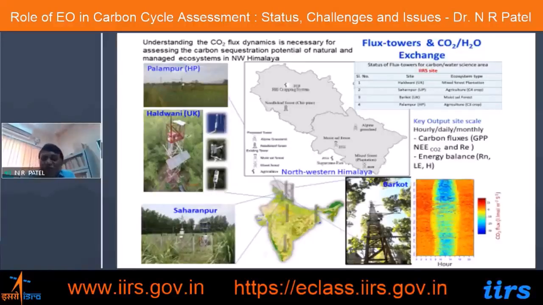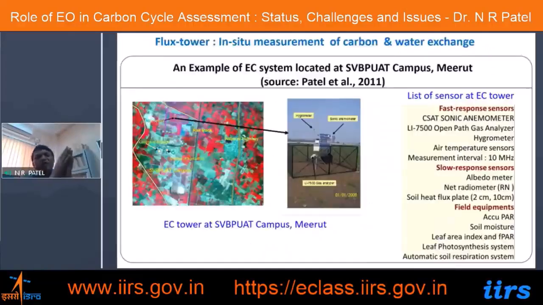Different outputs like carbon fluxes and net ecosystem exchange are being monitored. So this is also a flux tower. What I am showing you is the status that a flux tower instrumentation network is established.